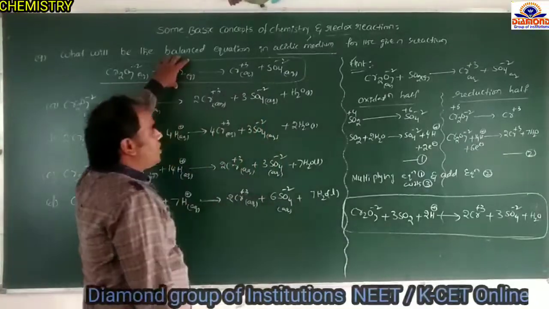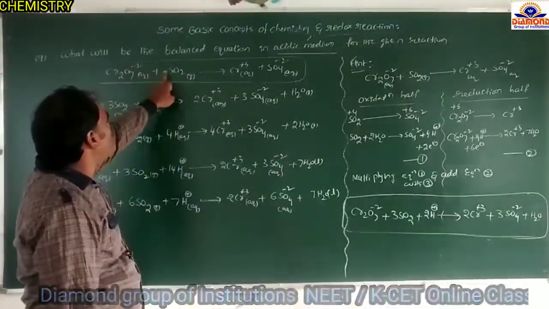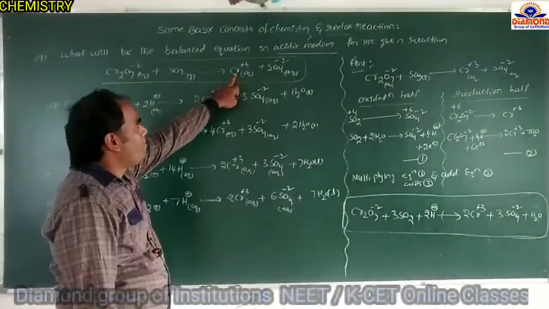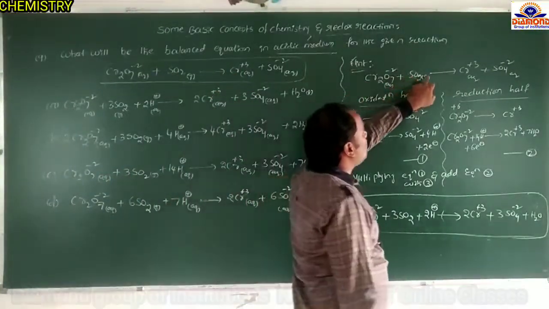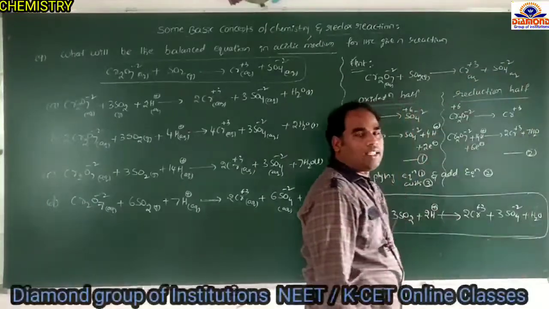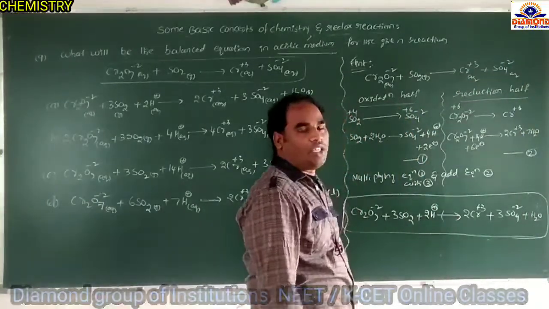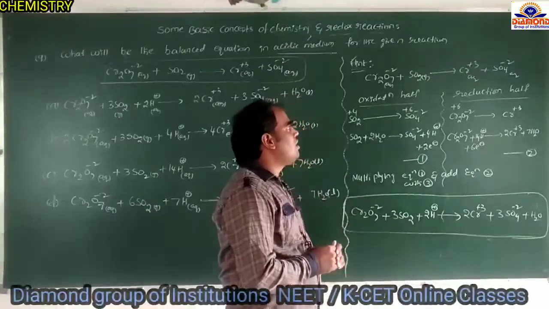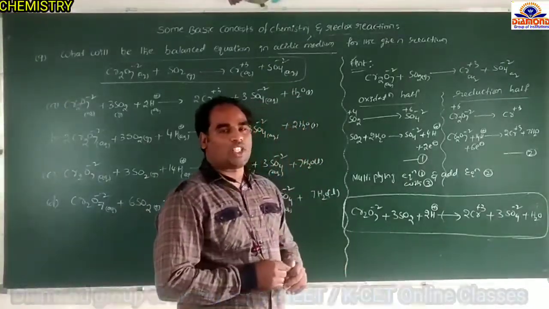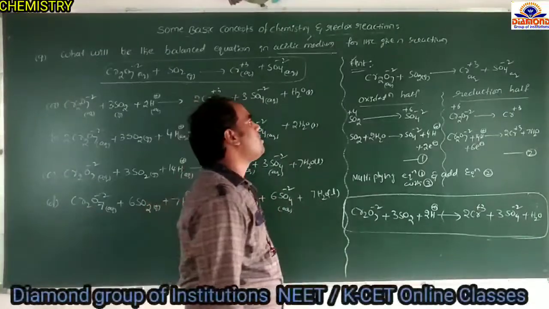The given reaction is Cr2O7 2- plus SO2 gives Cr 3+ plus SO4 2-. That is the unbalanced given reaction. If an equation is given like this, first we have to find out the oxidation numbers.